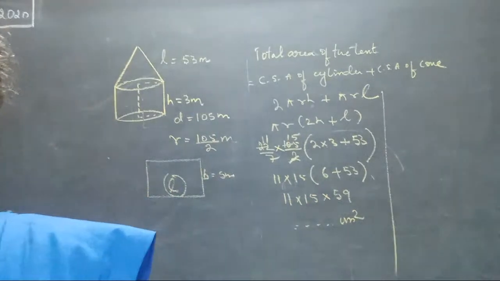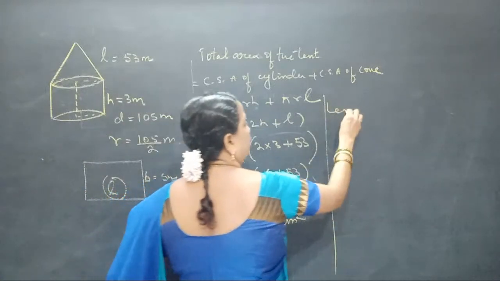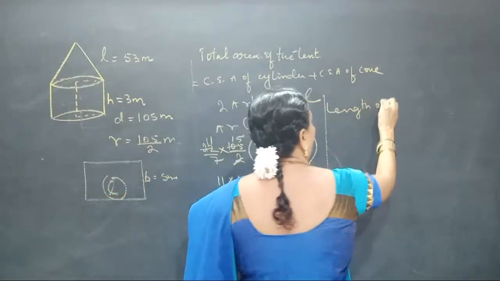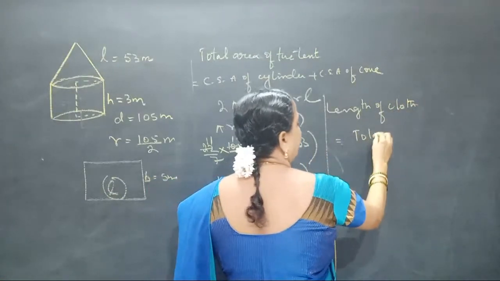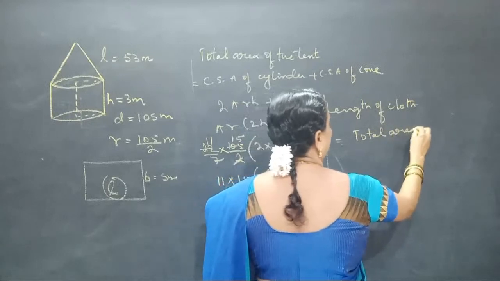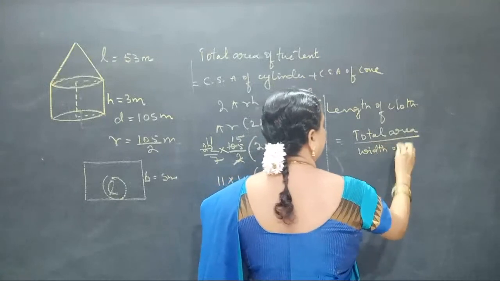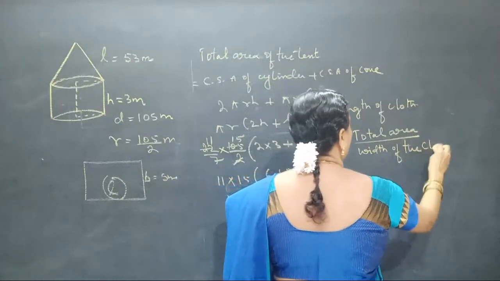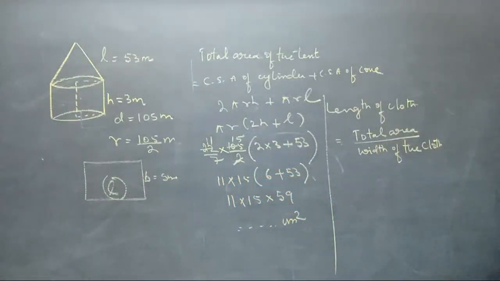After getting the product, now we require length of the cloth required. Length of cloth equals total area divided by width of the cloth. So let us calculate total area of the cloth required. What is 11 into 15 into 59?